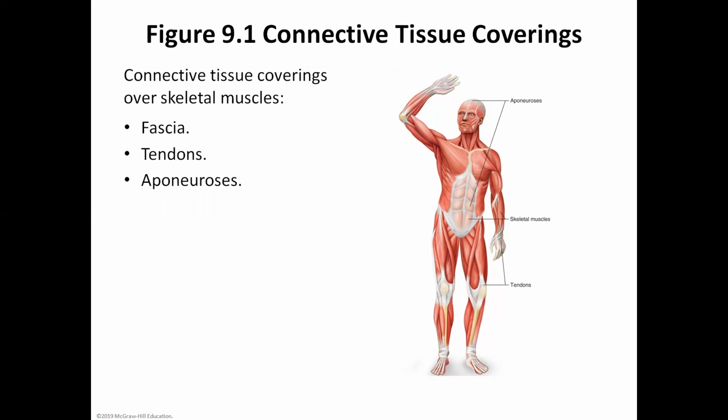Tendons are more of a cord-like structure when you see it, and they're going to be that attachment from muscle to bone. But we also have something that's more of a thin sheet-like structure, and it's called an aponeurosis or aponeurosis, depending on who is speaking. We can see these aponeuroses in the head, as well as in the abdomen. When we think about the muscles in the head, we have the frontalis, which would be that frontal muscle, and then we also have an occipitalis.